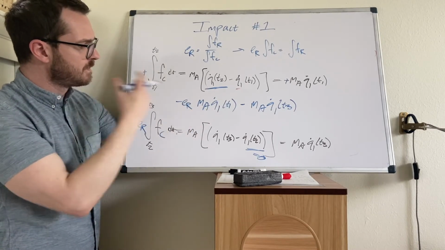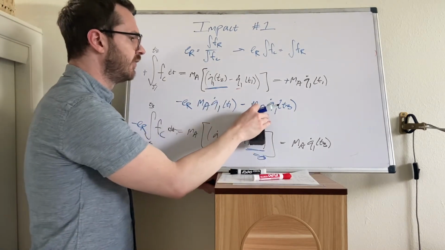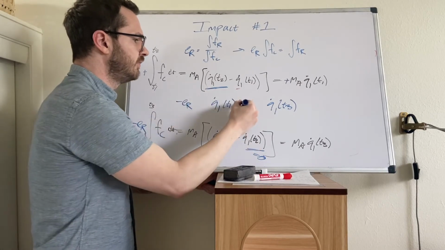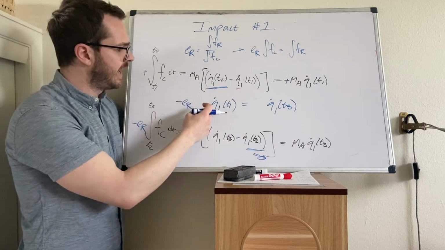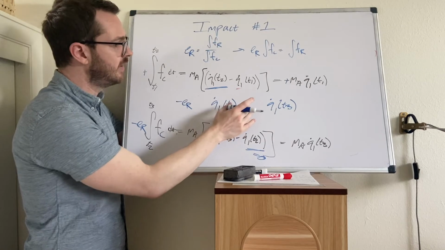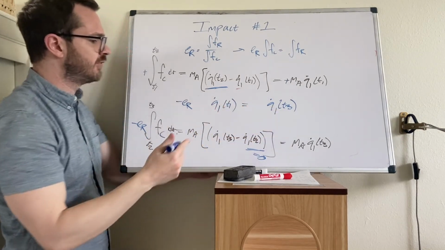So what can we do next? Well, we've got MA on both sides, so I can just remove the MA. Those are going to cancel. And then I have the value of ER, and I have the value of Q1 dot. And then I solve, well, Q1 dot at time 1, and then I literally just multiply these together, and I get Q1 dot at time number 3.